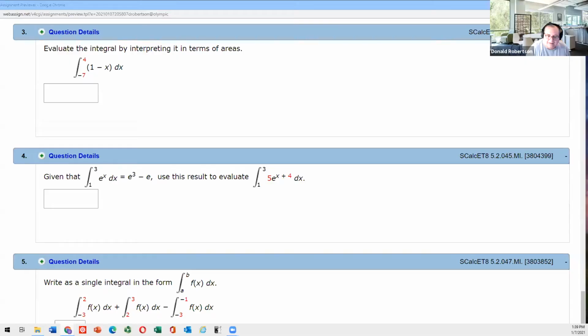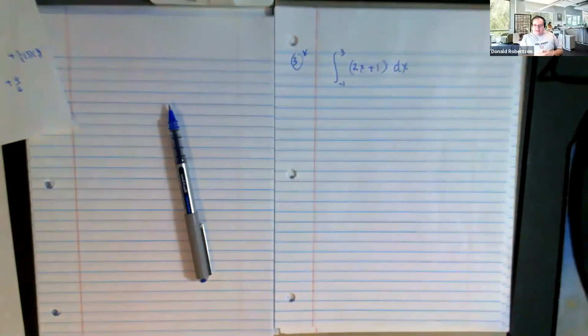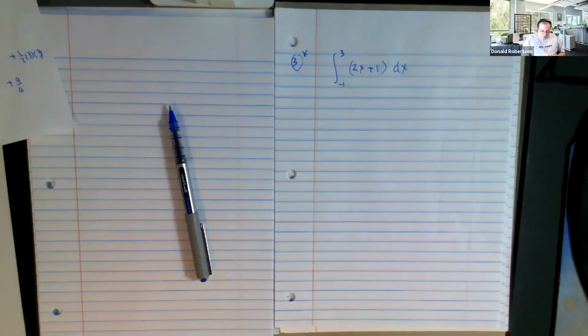Right, there's the question. Has anybody got any idea how I'm going to approach getting the exact value using geometry?